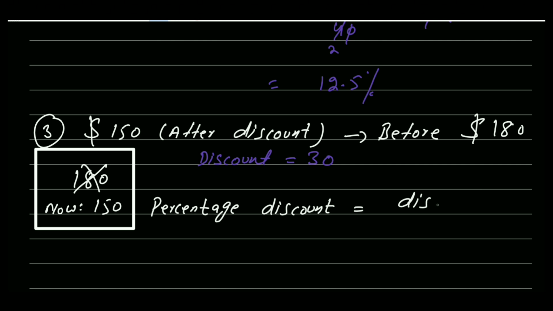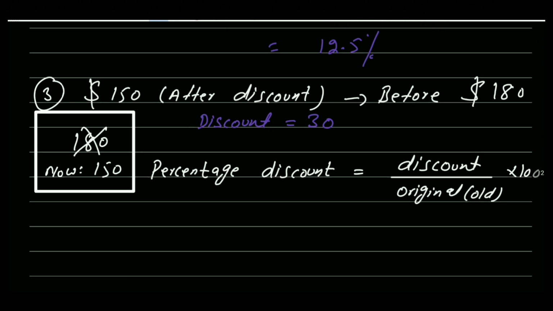That is discount over original or old, multiplied by 100. So the discount is 30 over the original, which is 180.